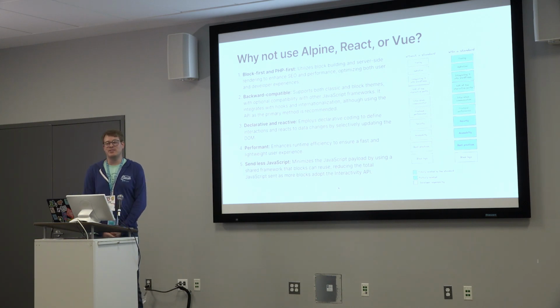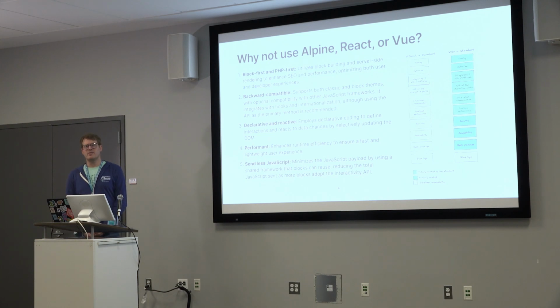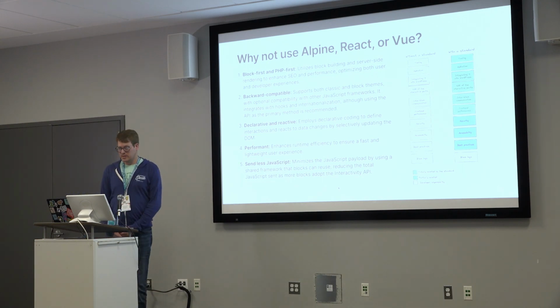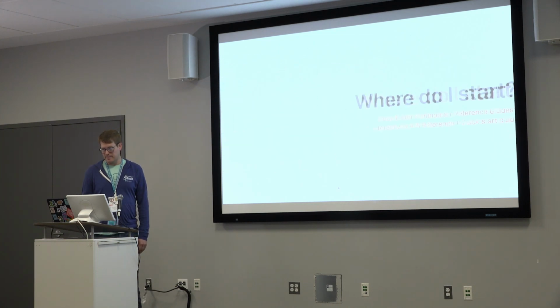There are always going to be considerations to make everything work for all the previous versions of WordPress, and that is hard to maintain as a developer if you're rolling your own system. So these are some of the benefits that you get when you lean into the API.